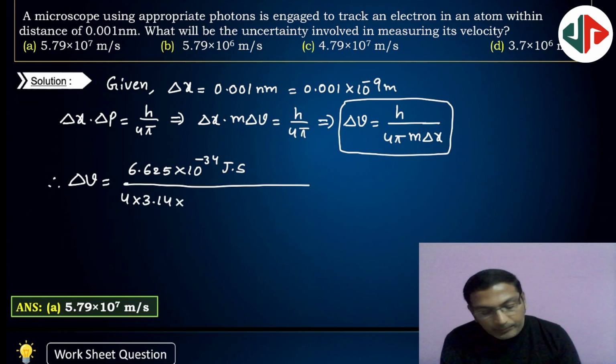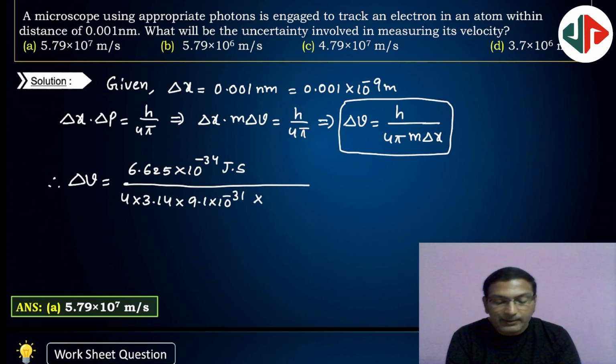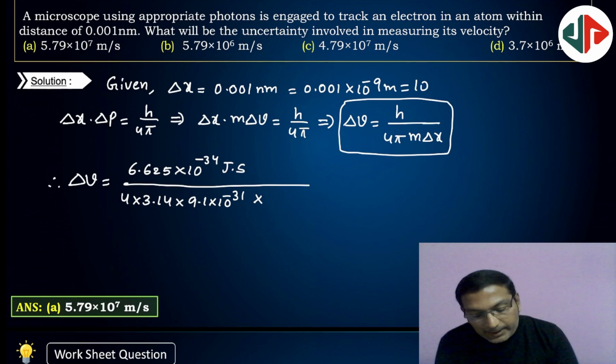You can take m value, mass of electron, you must take 9.1 into 10 power minus 31 kg into delta x, which is 10 power minus 12 meters.